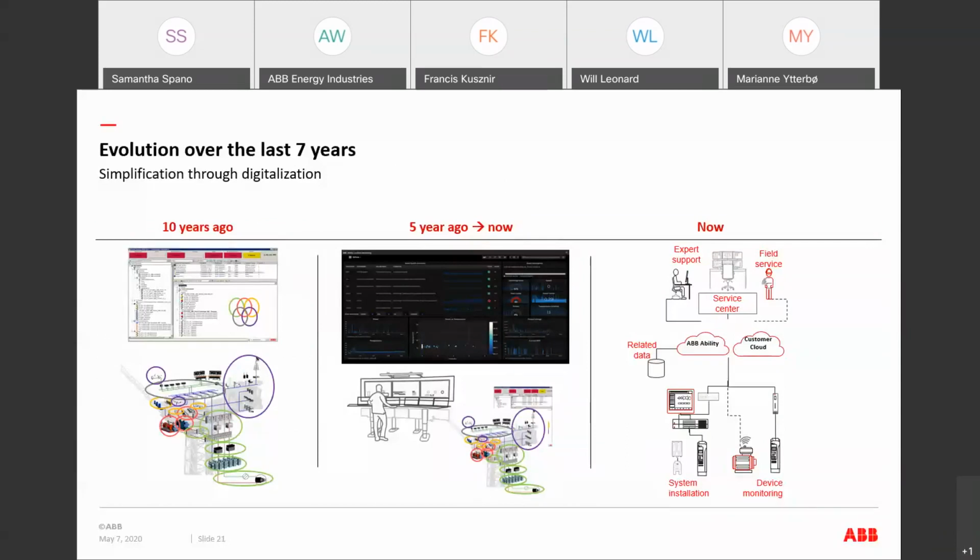We've also gradually moved to offering more office-level applications available to onshore personnel. And now we are moving towards offering this as cloud-enabled services that allow for a high degree of collaboration between product experts, field service, and customer experts, and also interaction between the ABB Ability cloud system and our customer's cloud system. So with that, I'll hand it over to Will to go through some examples of deliveries we've been part of.